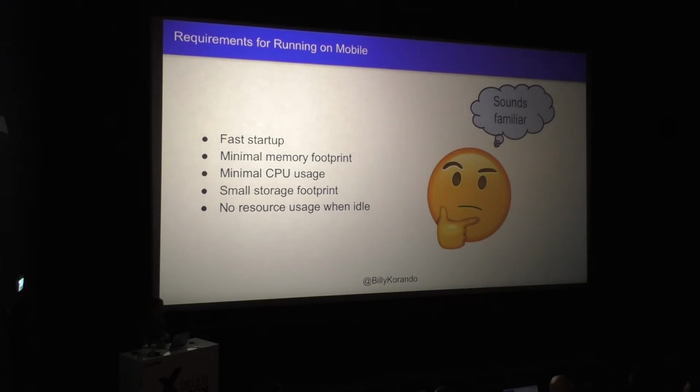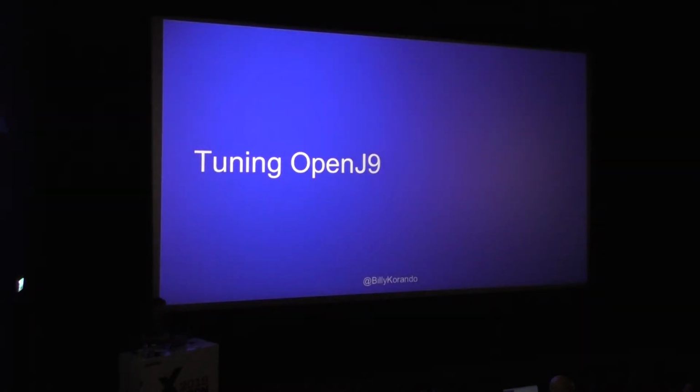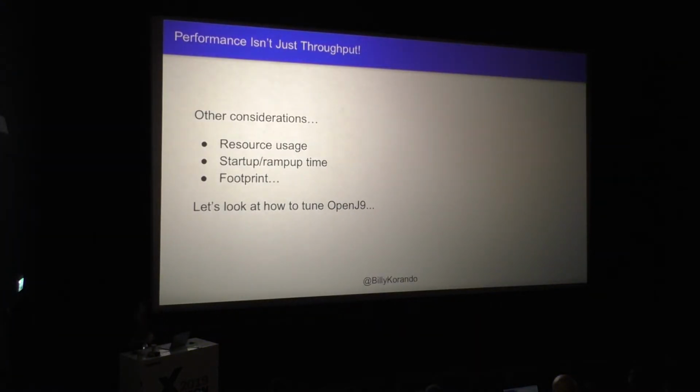So let's take advantage of that by tuning OpenJ9. I'll take you through some steps now, specifically to tuning Eclipse OpenJ9 to your Docker container environment. Because remember, performance isn't just throughput.